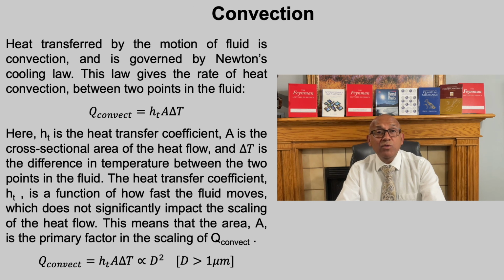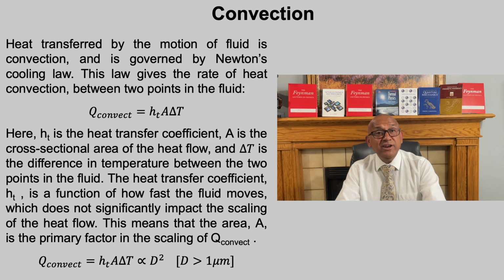Now let us talk about convection, the transfer of heat by motion of fluid. Convection is governed by Newton's cooling law, which tells us that the heat transfer Q_convect is equal to the heat transfer coefficient Ht multiplied by cross-sectional area A and the temperature difference delta T. Here, Ht depends on how fast the fluid is moving, but that doesn't strongly affect scaling.